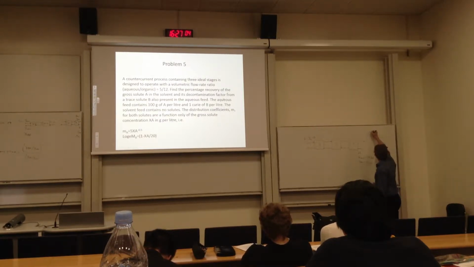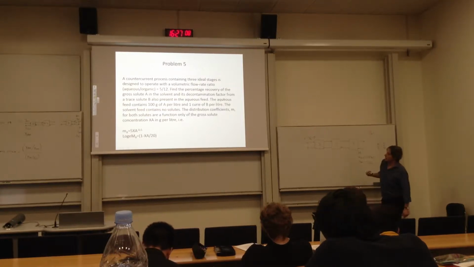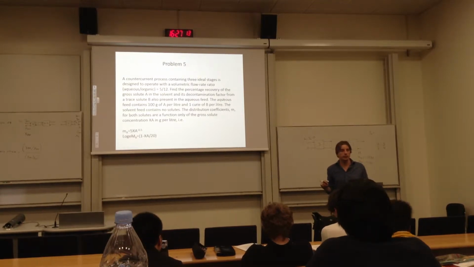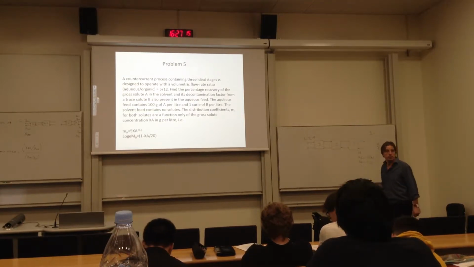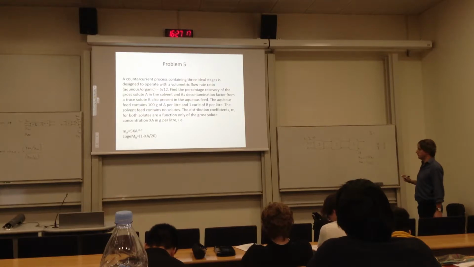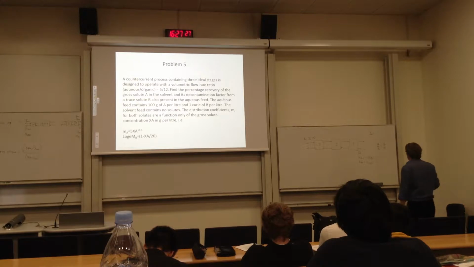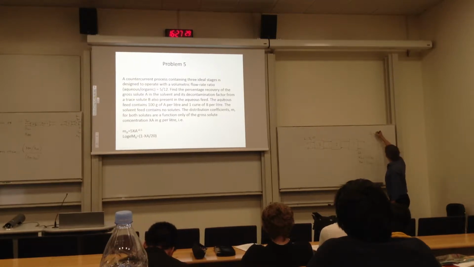So how do you write YA as a function of XA? So this is XA to the minus 0.5. Yes, M_A X_A. So what is it?